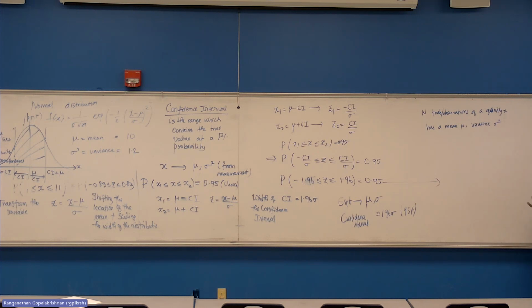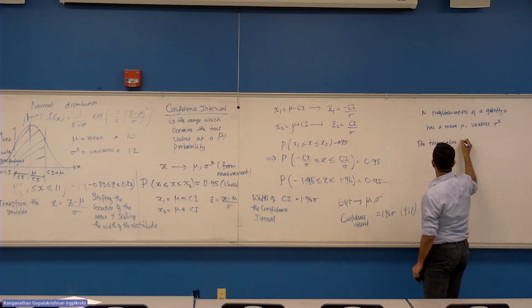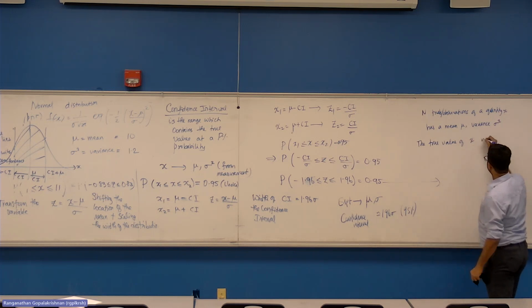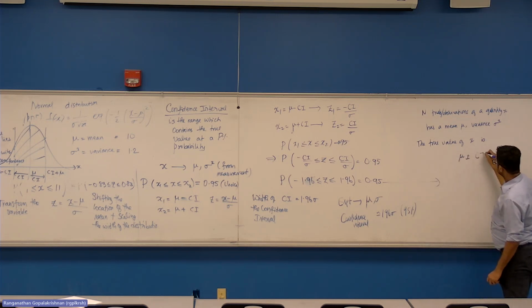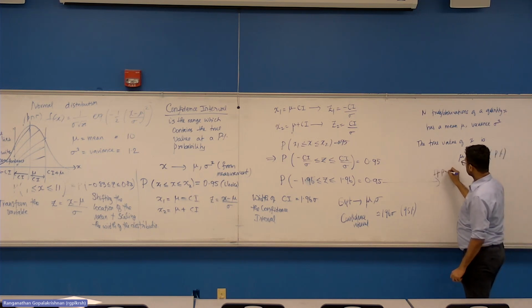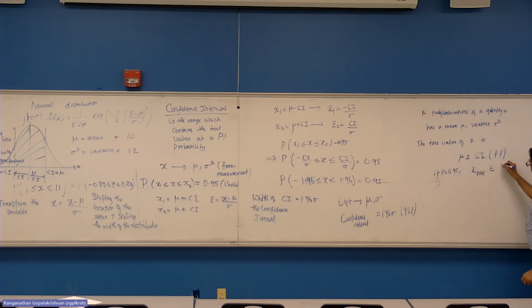This is no mystery. The true value of X is mu plus minus ci at p% probability, and if p equals 0.95, the true value of X lies between mu plus minus 1.96 sigma with 95% chance.